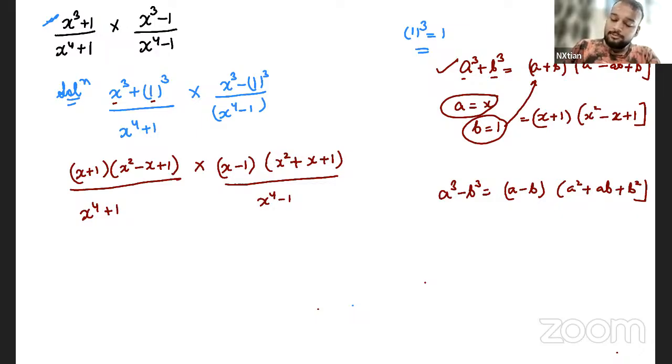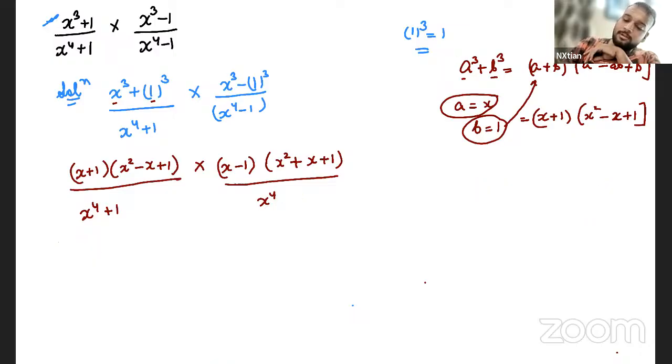Okay. Now x4 plus 1. We can do one thing. Can I write this 1 as 1 to the power 4?